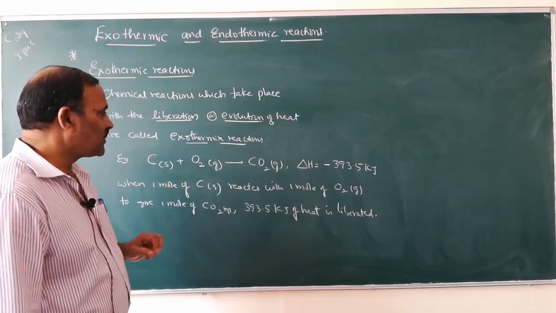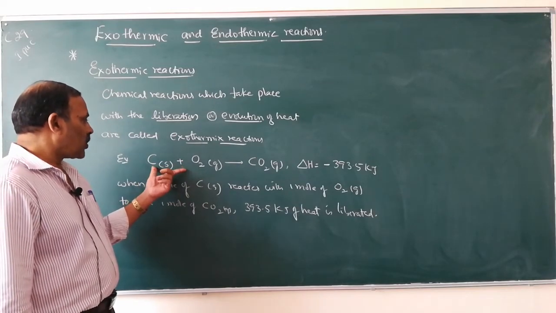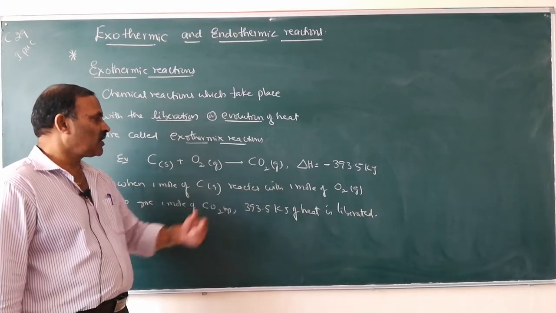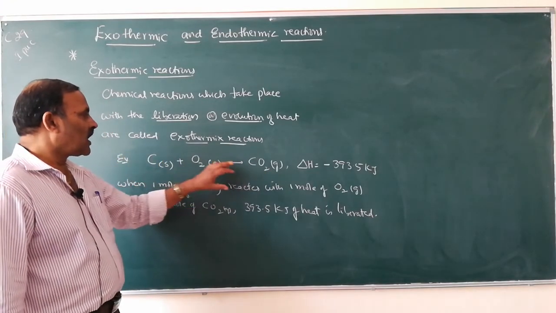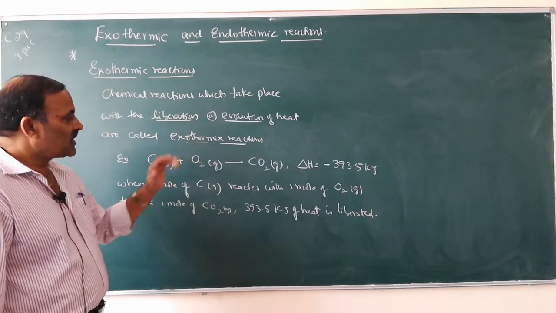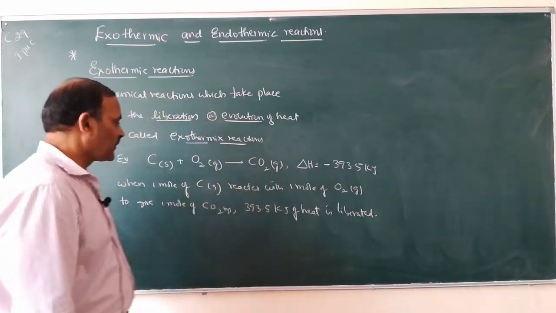Why is heat liberated? Here, carbon and oxygen are called reactants. Carbon dioxide is called the product. When high energy reactants are converted into low energy products, the difference of energy is liberated in the form of heat.